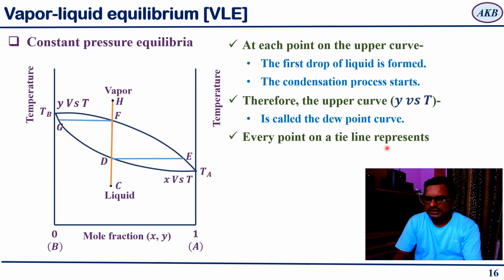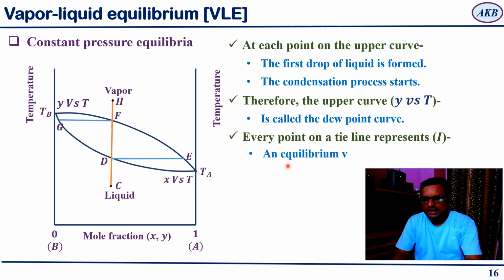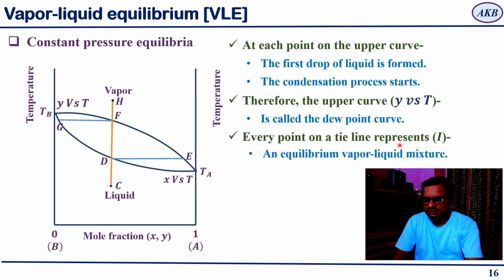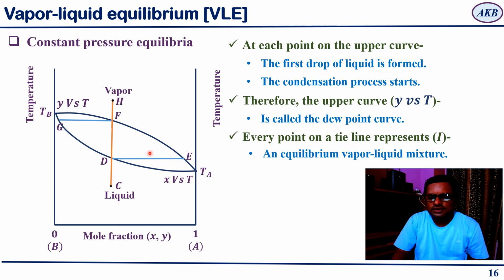Now if you talk about any tie line, let us say tie line DE, and you consider any point on this line, what does that represent? Every point on the tie line represents an equilibrium vapor-liquid mixture. That means at every point on the tie line, you will have a two-phase mixture.